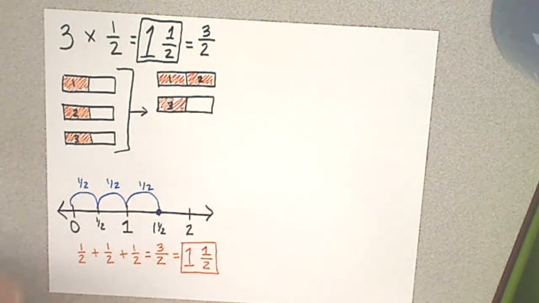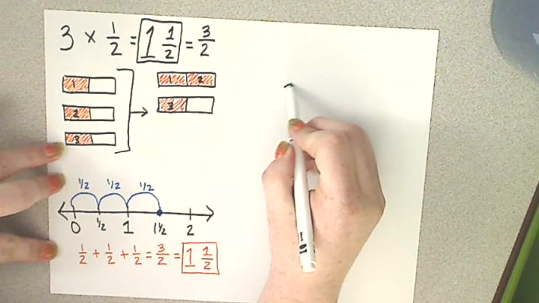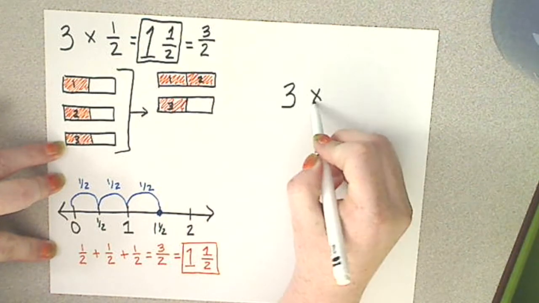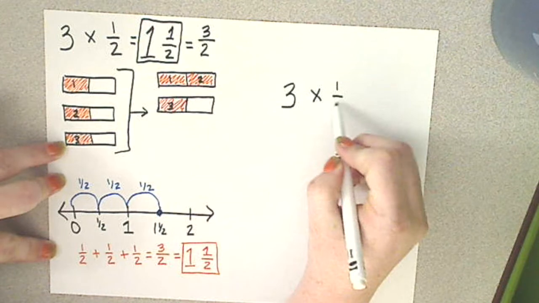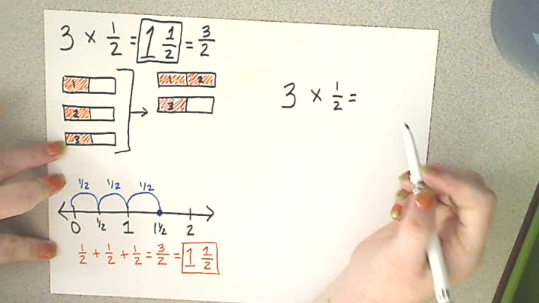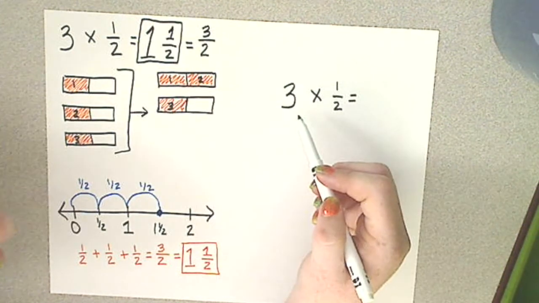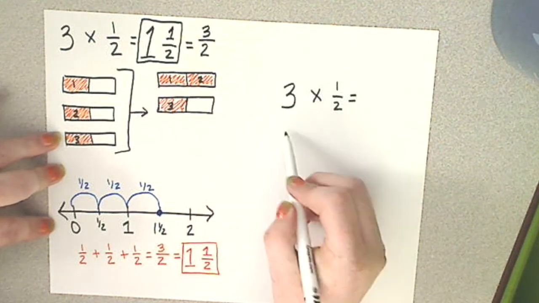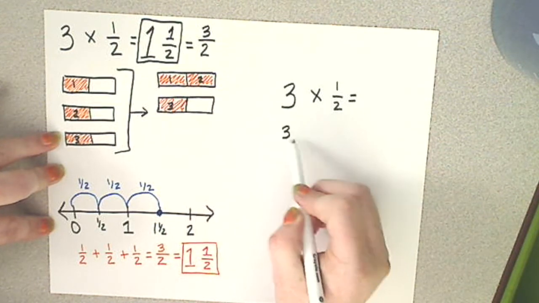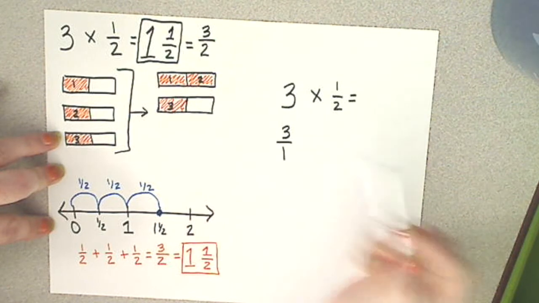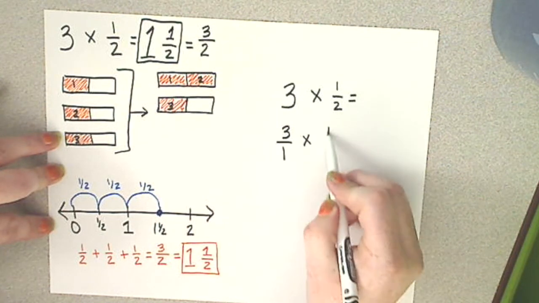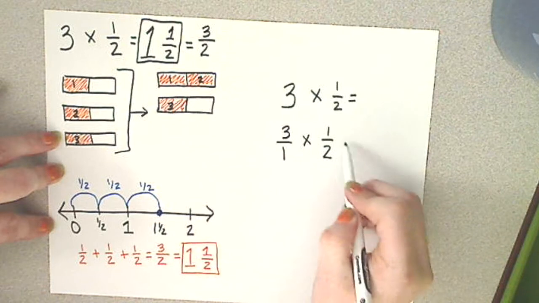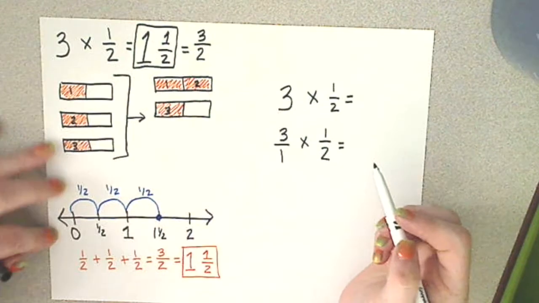Let's take a look at this with the standard algorithm. We're going to start with 3 times 1/2. We first need to convert the 3 into a fraction. So that becomes 3 over 1 times 1/2. Now with multiplying fractions, it's just really simple.